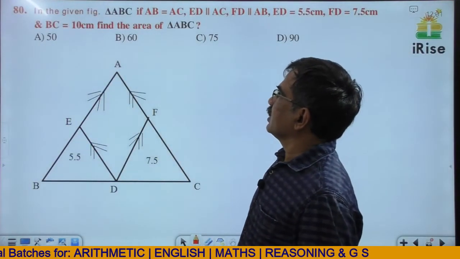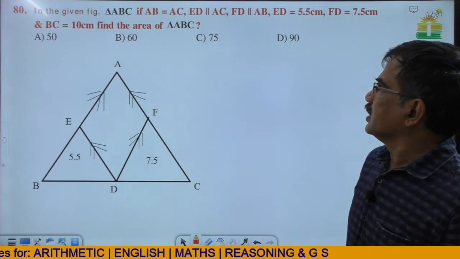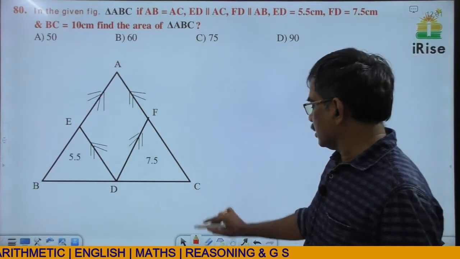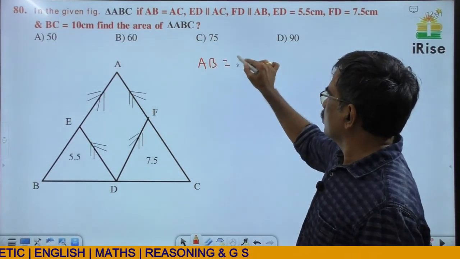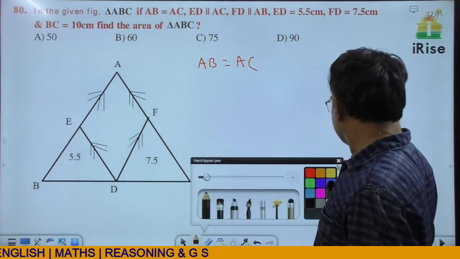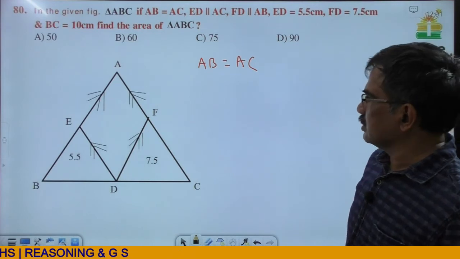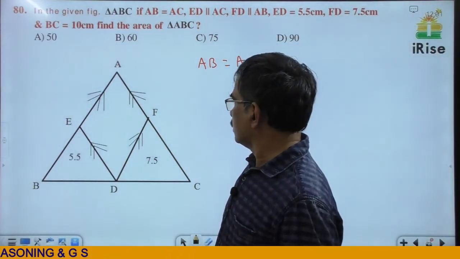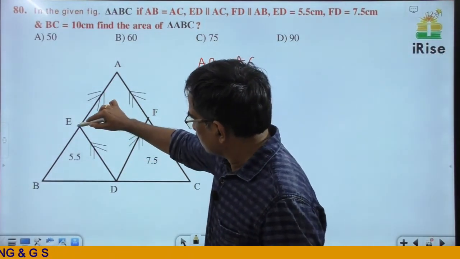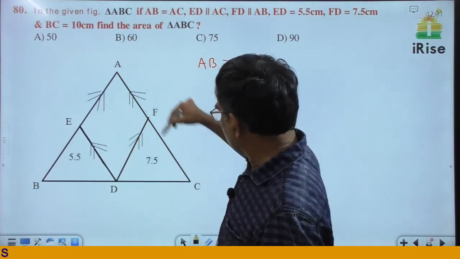In the given figure triangle ABC, if AB is equal to AC, here the condition is given, AB is equal to AC. ED is parallel to AC, this line is parallel to AC.